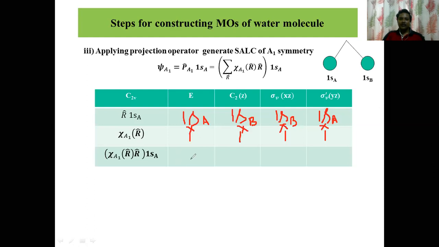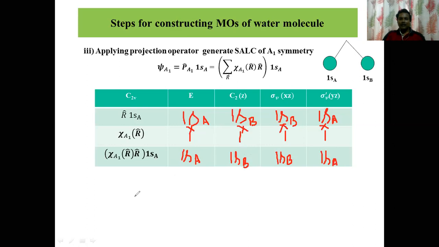All of them remain the same because it's multiplication with 1. So this is 1s A, this is 1s B, this is again 1s B, this is 1s A.